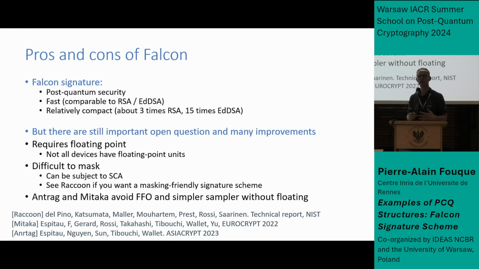In Mitaka, we use some kind of samplers that are in between the Peikert sampling and the Klein sampling. The quality is quite good, and it removes all the complexity due to the fast Fourier orthogonalization. In order to make Mitaka as efficient as Falcon, the idea is to have a more efficient key generation algorithm, so the key generation has to be updated a little.